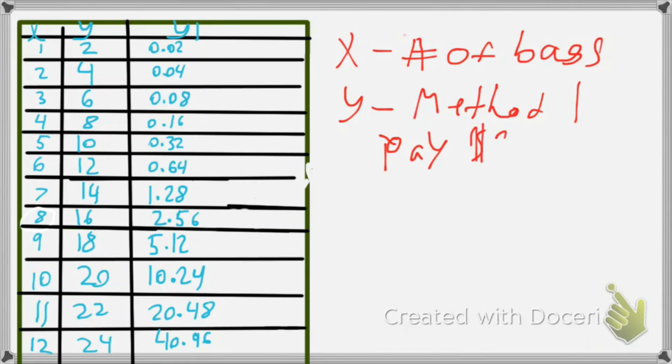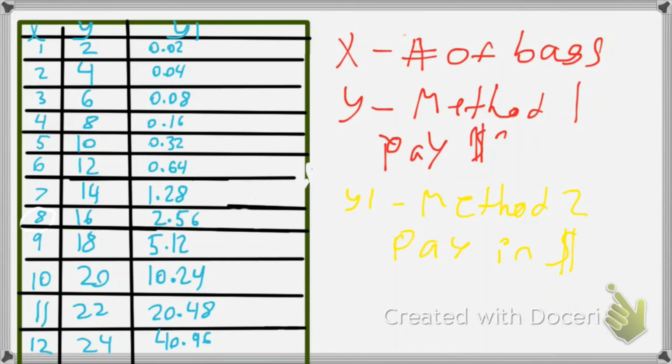Okay, now we'll put this in yellow, and y1 is method 2 pay in dollars.